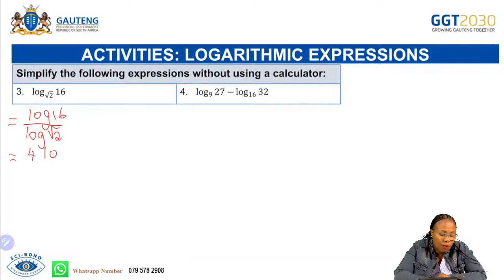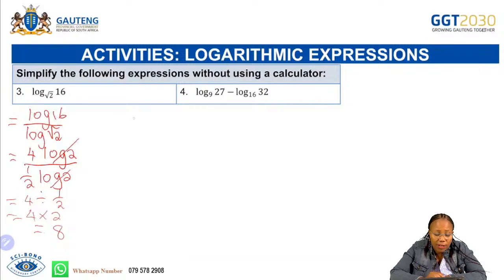Then it will be 4 log 2. And then square root of 2, remember, is 2 to the power half. Then it will be half log 2. So log 2, you are having 4 divided by half, which is the same as 4 times 2, which will give you an answer of 8 then.